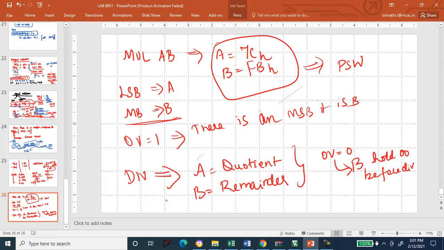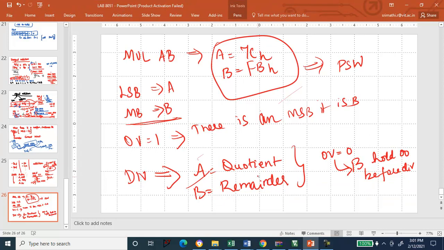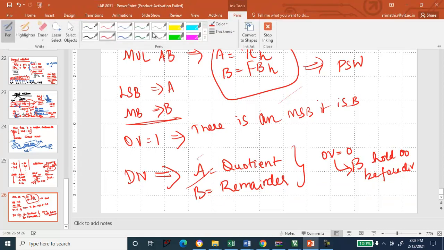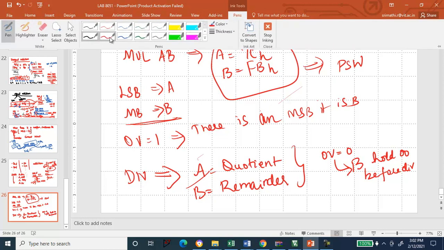It is A divided by B. So if B holds 00 before division, in the sense A by 0, that is nothing but division by 0, then your overflow flag will be set to 1. Otherwise, your overflow flag will be 0 only. So your overflow flag will be set to 1 for division by 0.